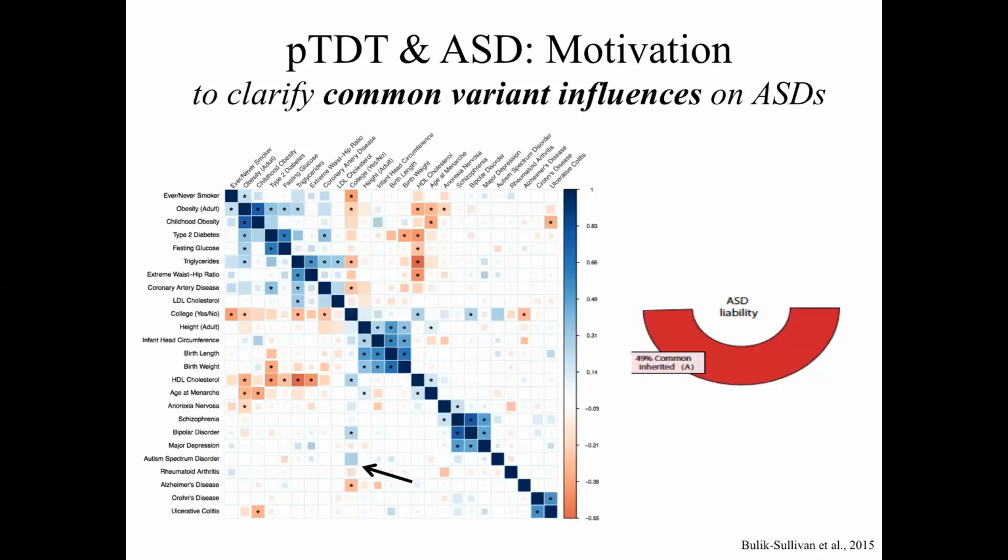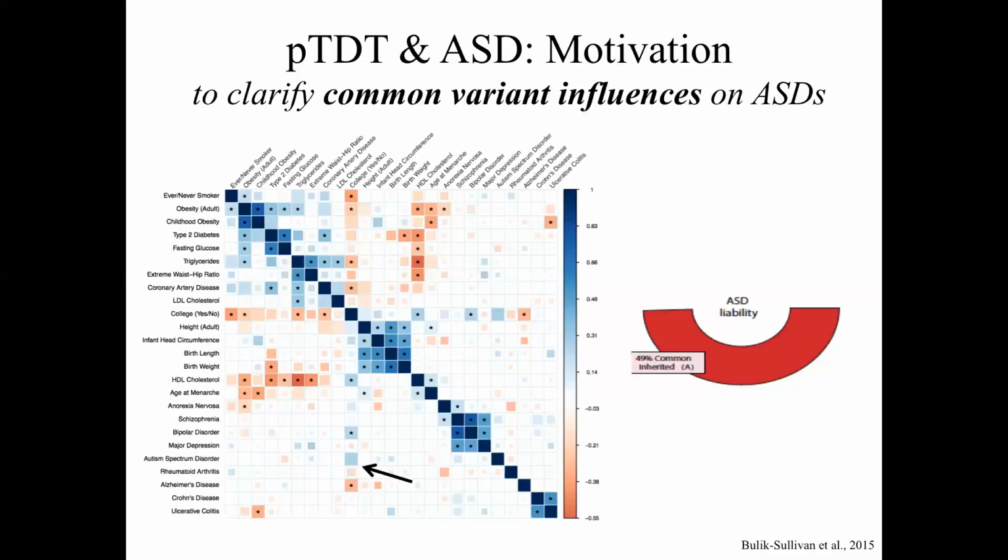For instance, here, I'm pointing to a positive genetic correlation between autism and educational attainment, i.e. IQ, as they have a very strong genetic correlation, educational attainment and IQ. And this is puzzling because on average, individuals with autism have lower IQ.